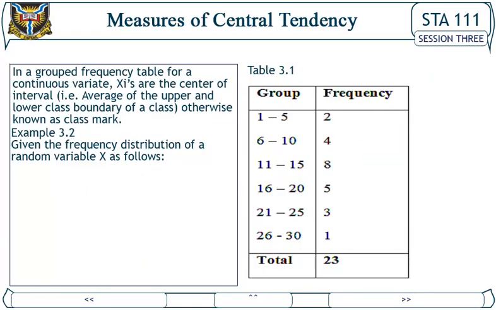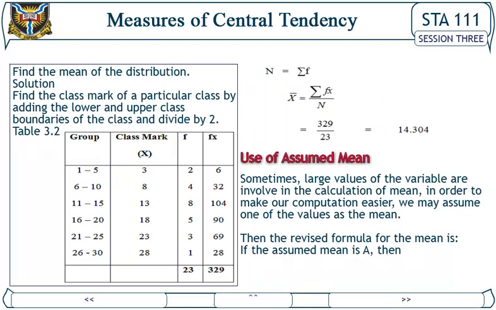In a grouped frequency table for a continuous variate, the xi's are the centers of intervals, that is, the average of the upper and lower class boundary of a class, otherwise known as the class mark. Example 3.2. Given the frequency distribution of a random variable x as follows, find the mean of the distribution.